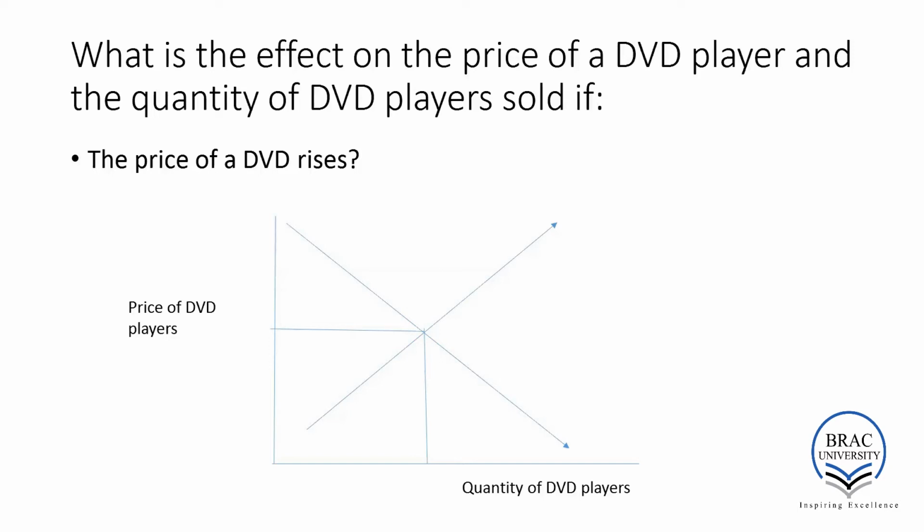And we get the initial equilibrium point at the intersection of the demand and supply curves. If we draw a line from the equilibrium point to the price axis, we get the equilibrium price. And if we draw another line from the equilibrium point to the quantity axis, we get the equilibrium quantity. So now we have the initial demand, initial supply curve, and initial equilibrium price and initial equilibrium quantity.